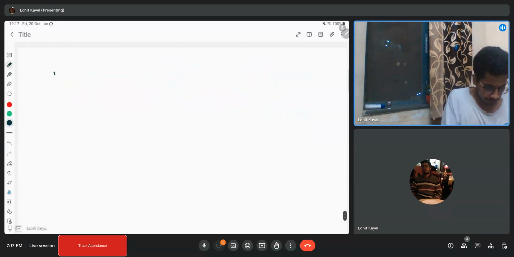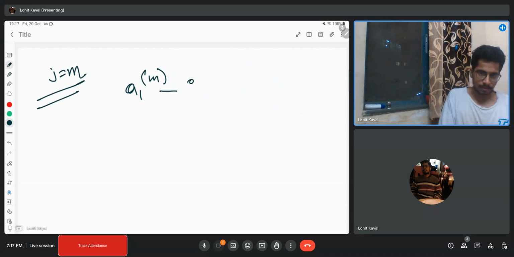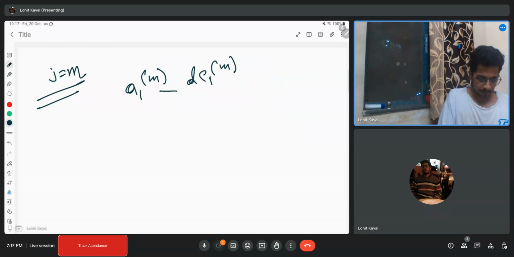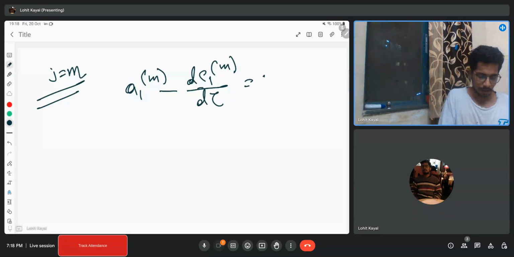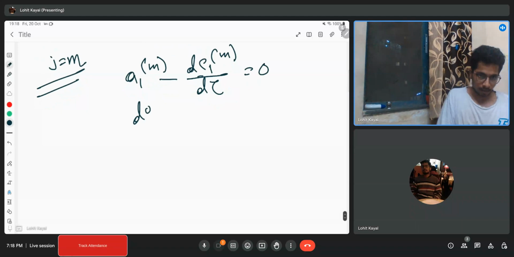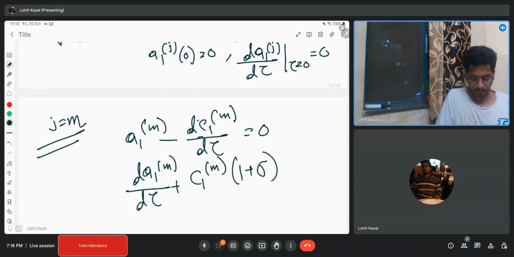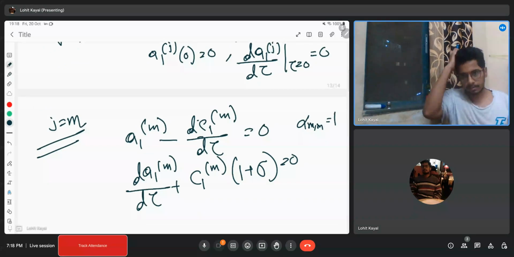Now for j equal to m, let me write down the equivalent equations: a_1m minus dc_1m/dτ equal to 0, and da_1m/dτ plus c_1m times (1 plus σ) equal to 0, because remember α_mm is equal to k_j by k_m is equal to 1.